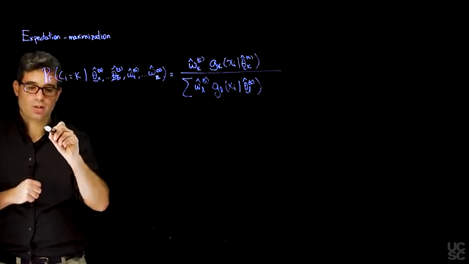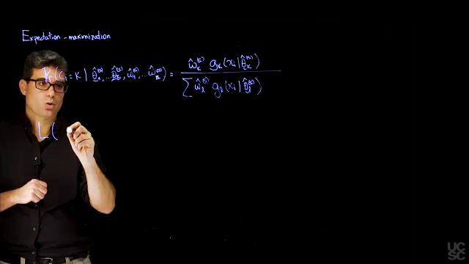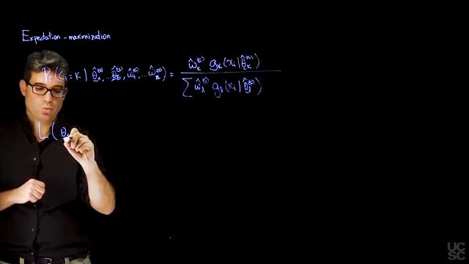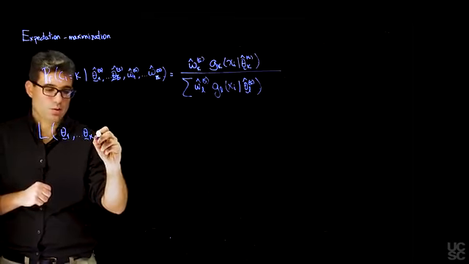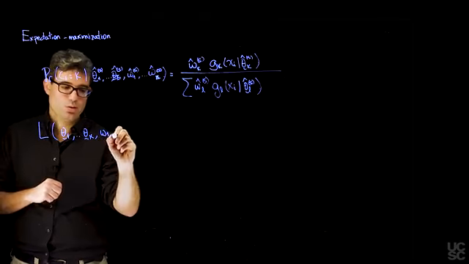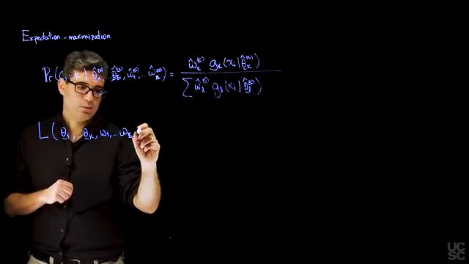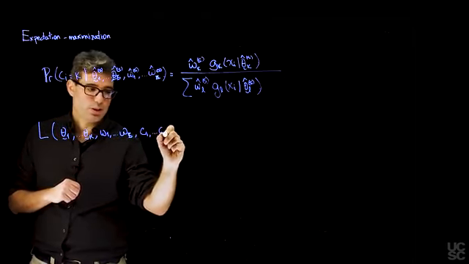It's just the likelihood, or the complete data likelihood, for the parameters theta 1 up to theta K and omega 1 up to omega K and C1 up to Cn.